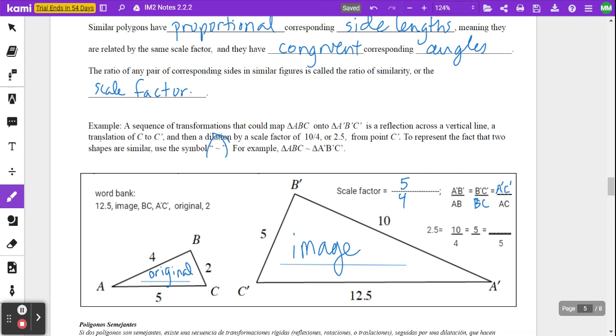And you get 2.5 because 5 divided by 4 is 2.5. Nope, I made a mistake. This should have been 10/4. Sorry. Because 10 divided by 4, this length divided by this length, is the same as 5/2, is the same as 12.5 divided by 5.